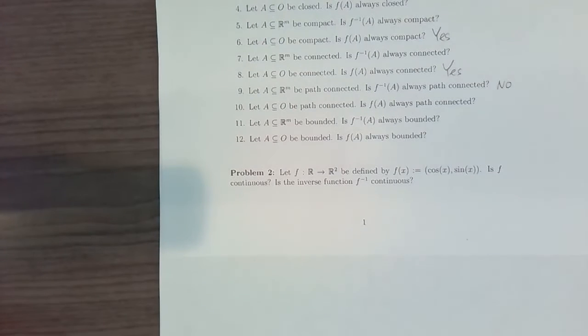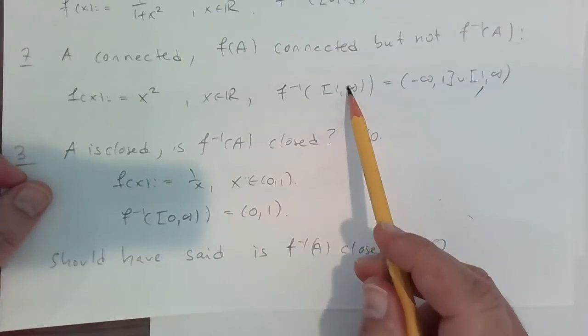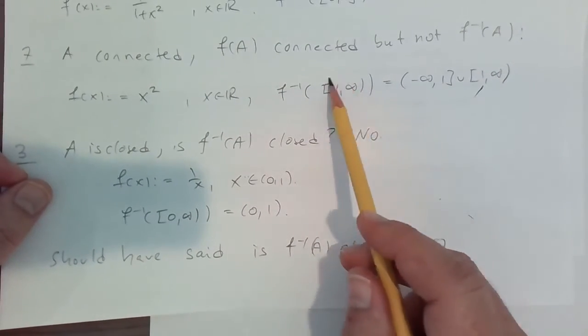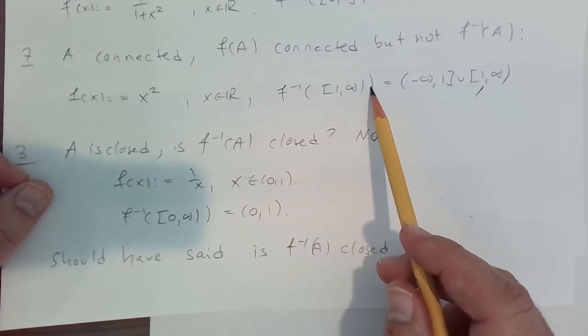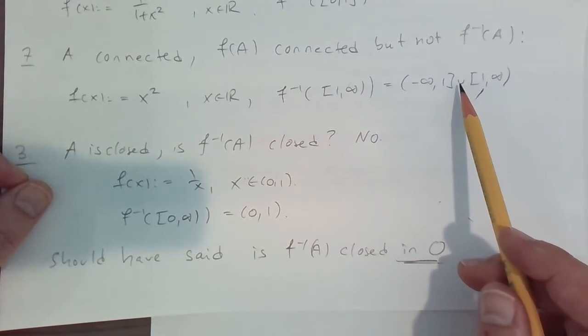We just did that one, right? So this one here is path connected. It's an interval. And so when I look at the pullback, it's not going to be path connected. So that one is a no.